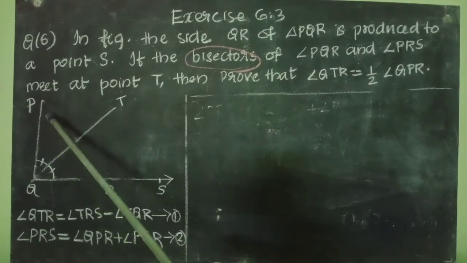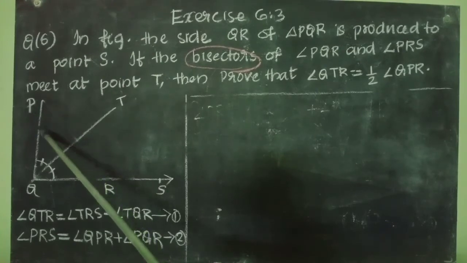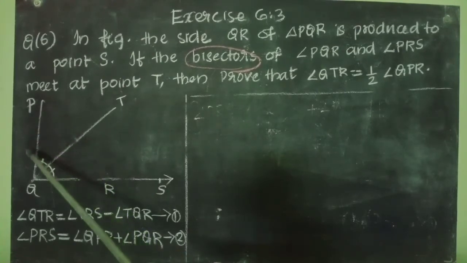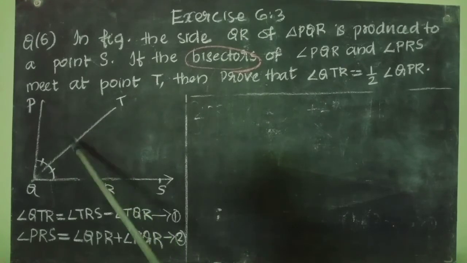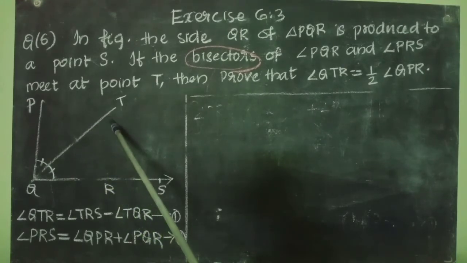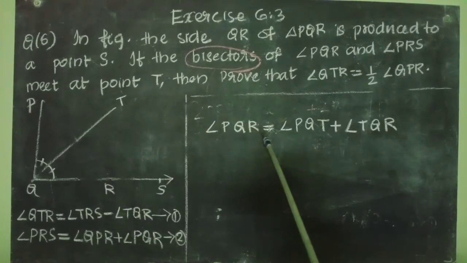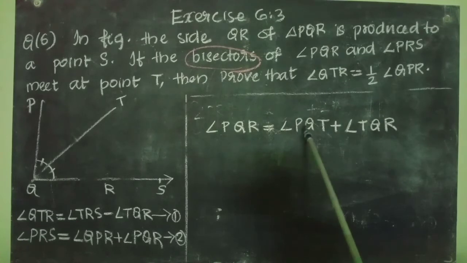The first is angle PQT and the second is angle TQR. So we can write angle PQR equals angle PQT plus angle TQR.